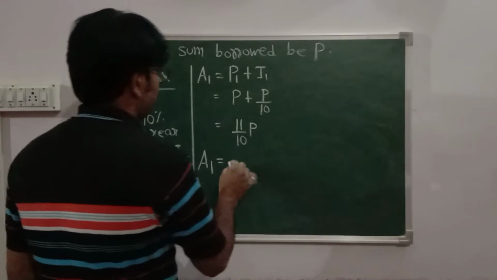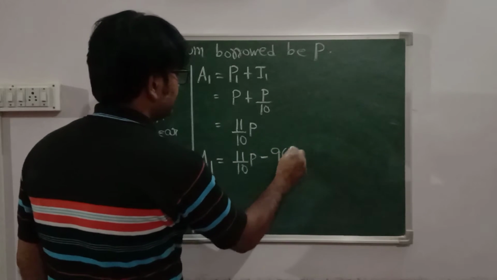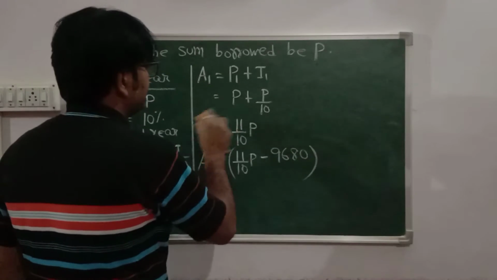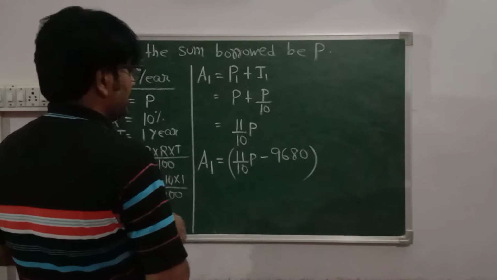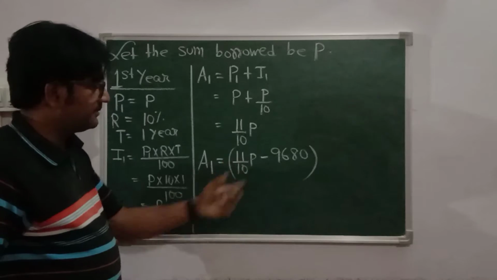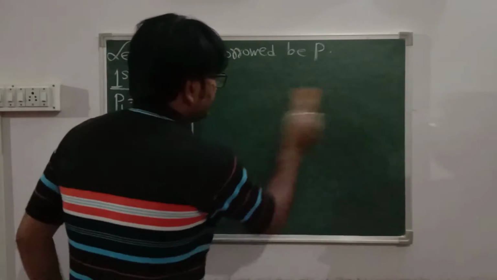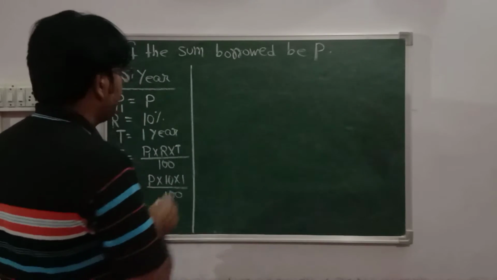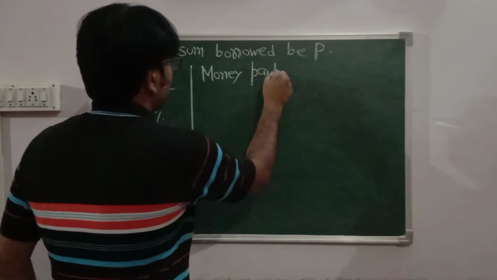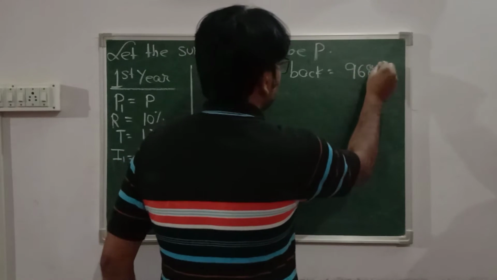Since he has repaid the money, first write down: money paid back equals 9680.